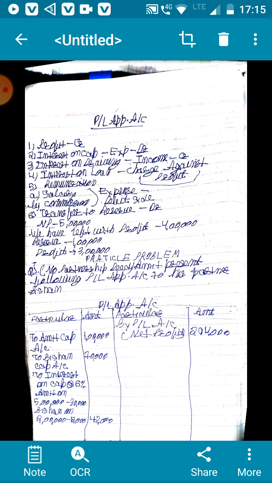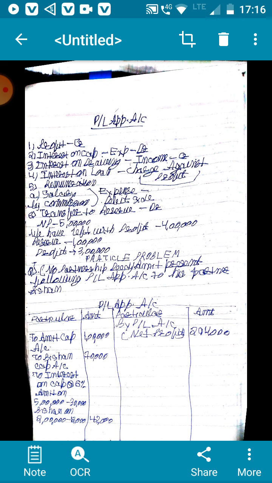Then we have to transfer something to the reserves, such as general reserve, investment fluctuation reserve, and workmen compensation reserve. In the coming chapter we are going to learn about these reserves.